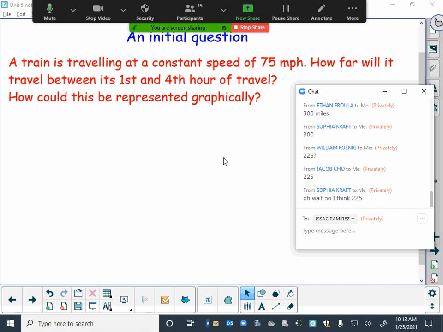I got a 300 change to a 225. We got another 300 popping in. So, is anybody willing to explain how they got what they got? Somebody willing to explain their 225 answer?